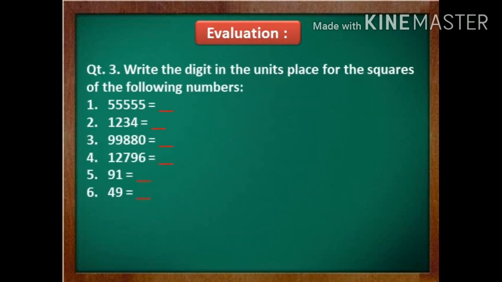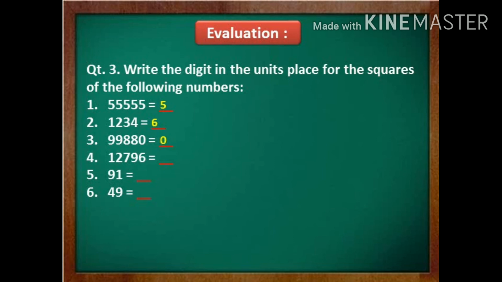Write the digit in units place for the squares of the following numbers. In the first example, the units place of the number is 5, so its square will also end in 5. In the second example, the units place of the number is 4, so its square will end in 6. In the third case, the number ends with 0, so its square will also end in 0.